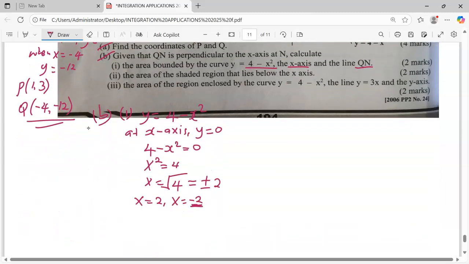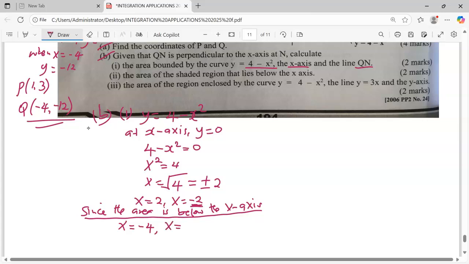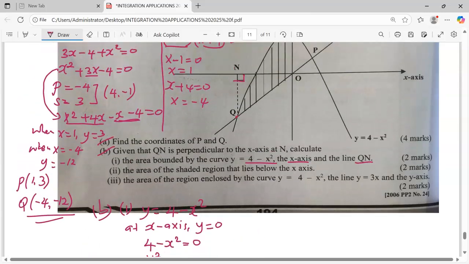So the region we need, since the area is below the x-axis, we are going to get the area between x equals -4 and x equals -2, because that is what we want.